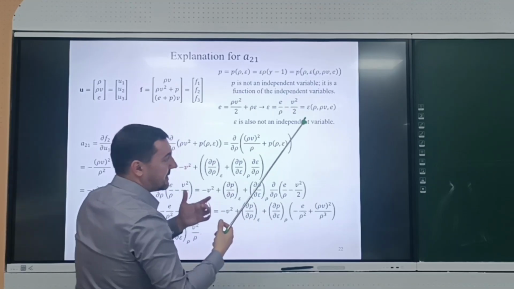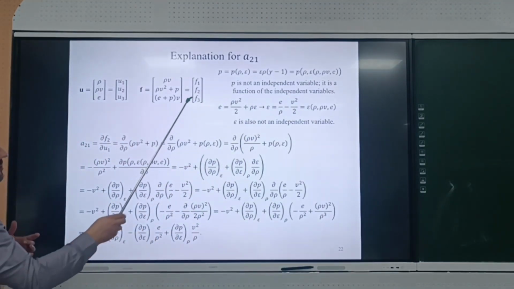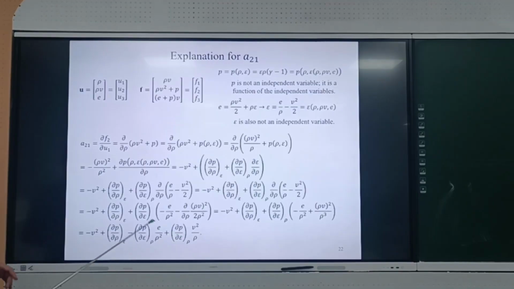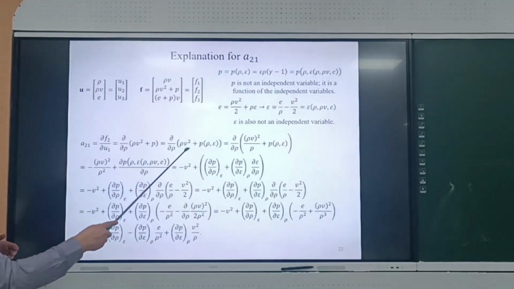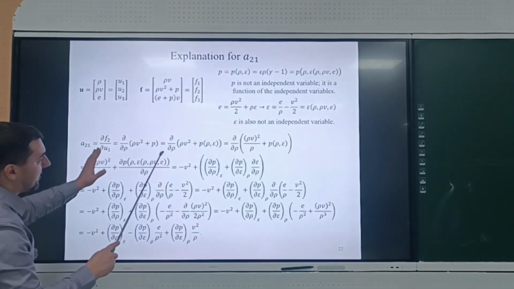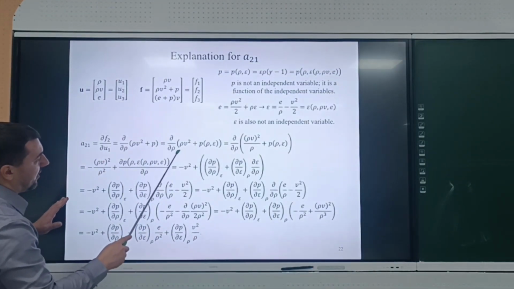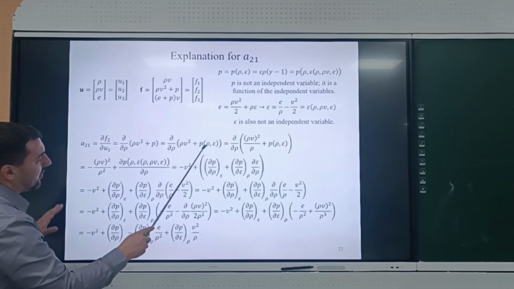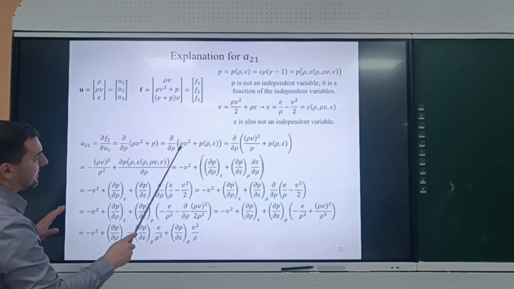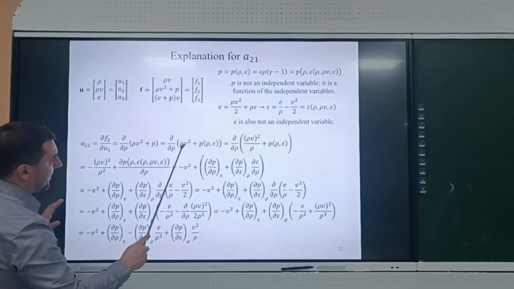So P and epsilon are functions of the independent variables. Then we can rewrite: d over d rho of rho V squared plus P of rho and epsilon. Then there is a small trick.